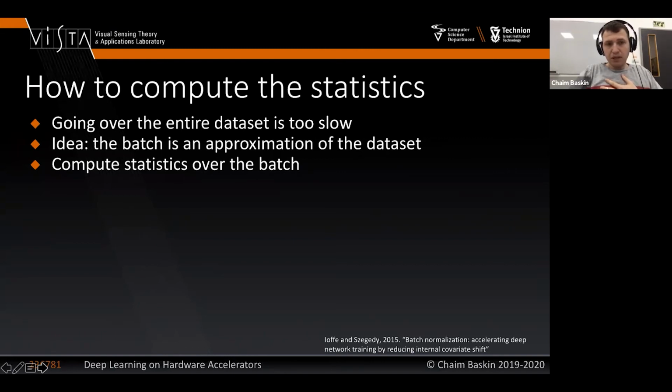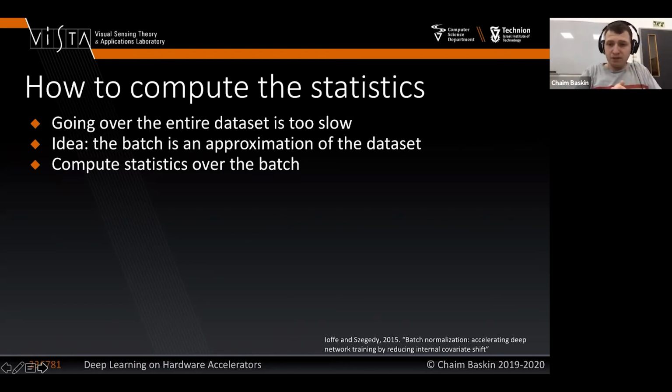So the idea is to use a batch, or actually some subset. We want to take a batch that will be a good approximation of our dataset, and then compute our statistics using this one batch.